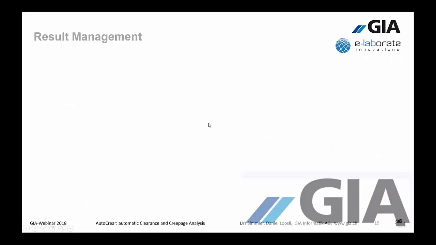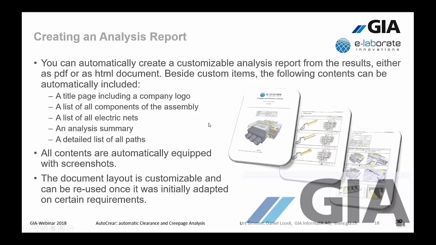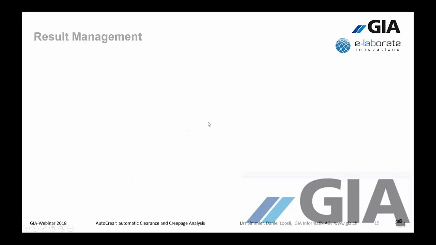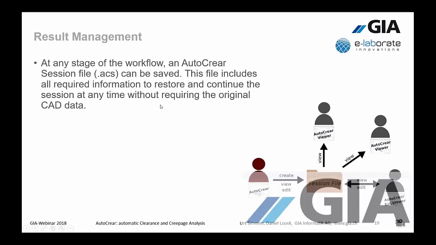No, that's not all. You can save all this information about the paths. You can save the results as an ACS file, and this ACS file can be used by other people in your company who do not have the full version of AutoCrear.